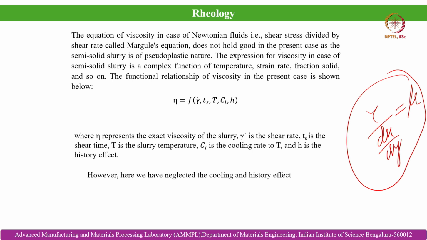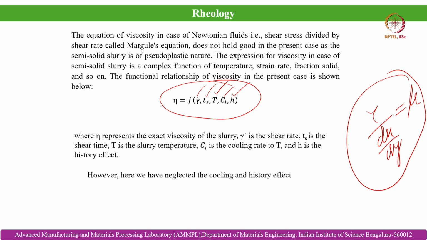So, this is the expression. You can see it is a function of temperature T, and then this is the Cl, that is the liquid fraction, it is a function of the shear rate, it is a function of history effect, and it is also a function of cooling rate, and so on. Also it is a function of shear time Ts.